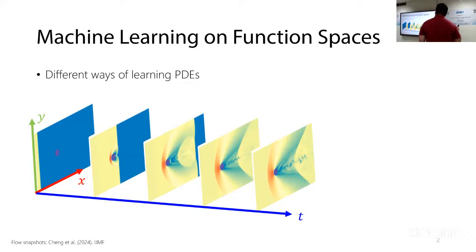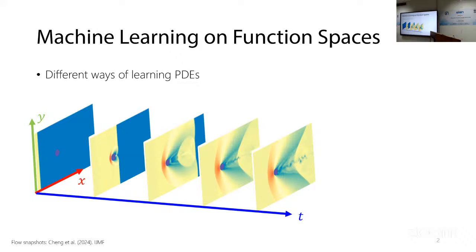There are different ways of learning partial differential equations or some governing physics. Usually the solution to a partial differential equation is a time-evolving sequence of spatial snapshots. This is a compressible flow case where you have a cylindrical cross section in the middle, and air is flowing around the cylinder.